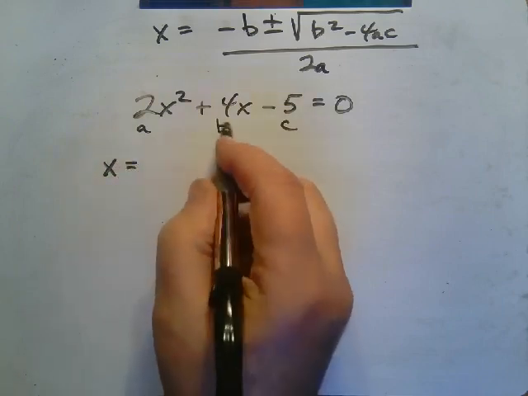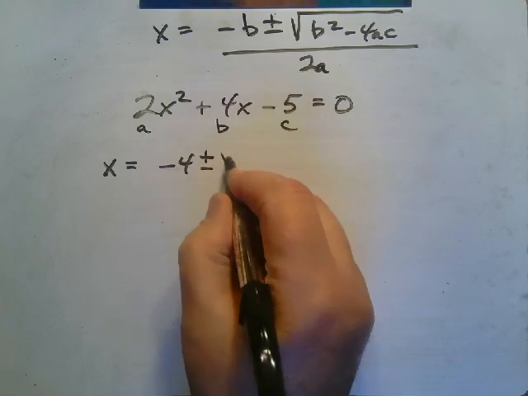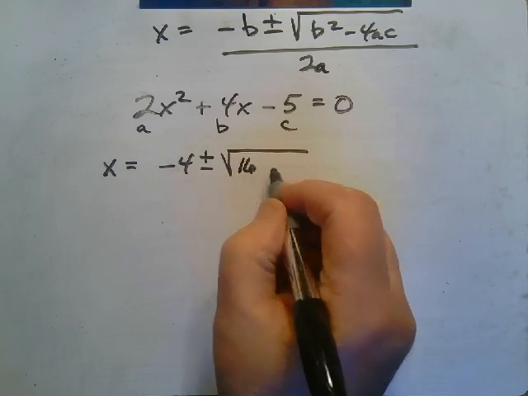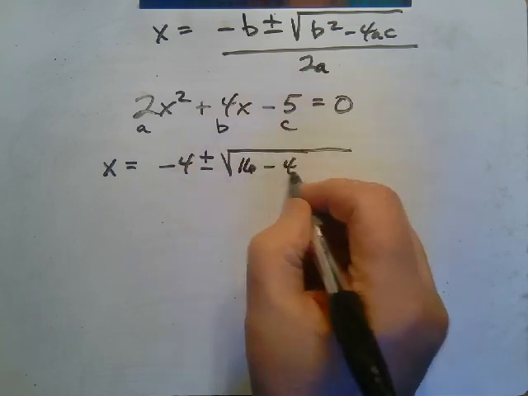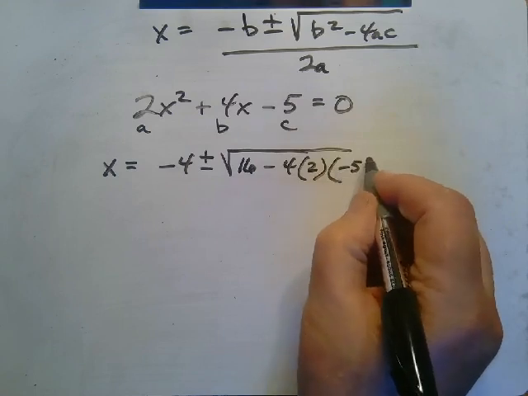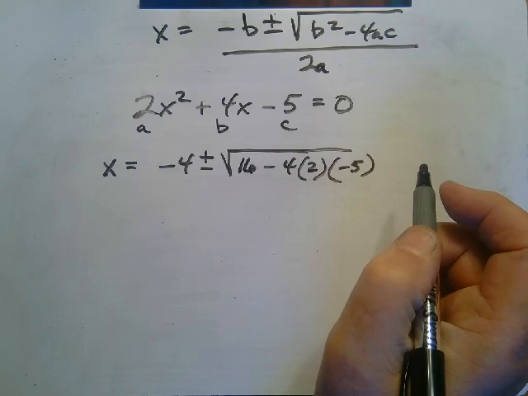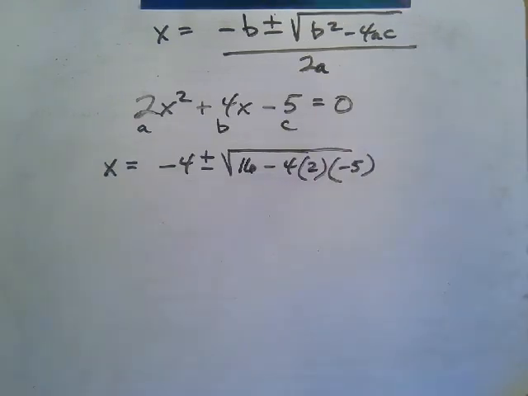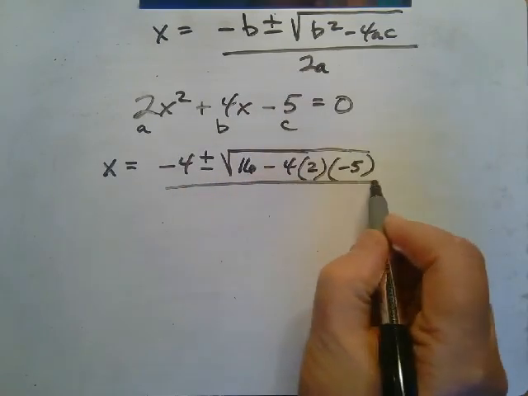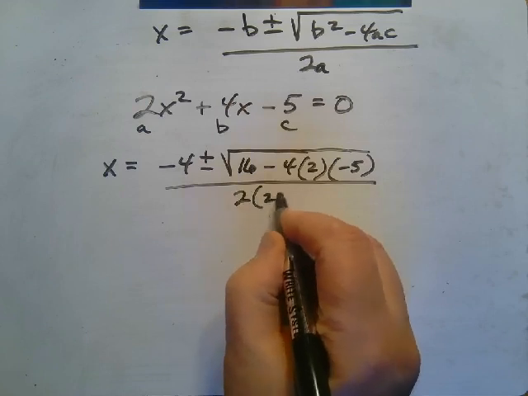X equals negative B, that'd be a negative 4, plus or minus the square root, B squared, 4 squared is 16, minus 4 times A, which is 2, times C, which is a negative 5, all over 2 times A. Okay, 2 times 2.